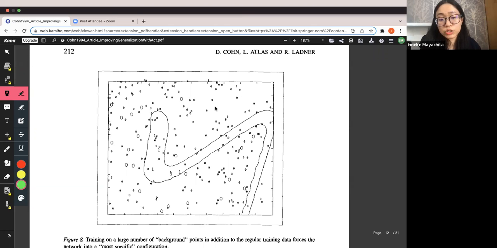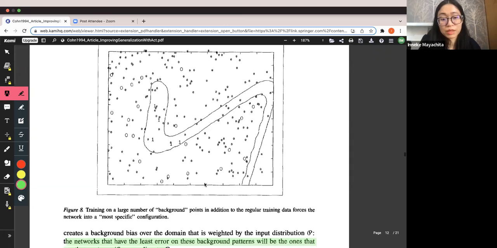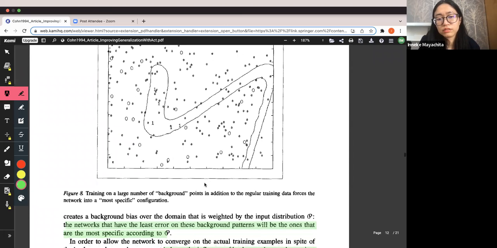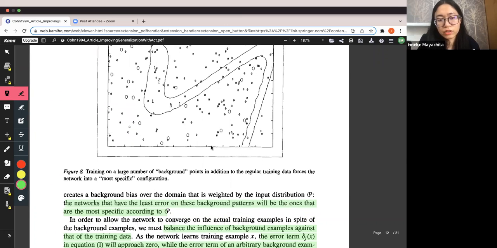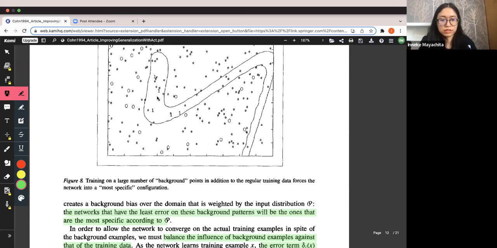The possible issue is that the background examples might dominate over the other examples, so everything will be background, and the network cannot learn an area that covers the region where all the examples are 1.